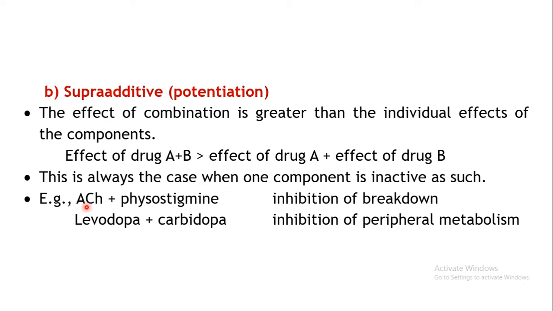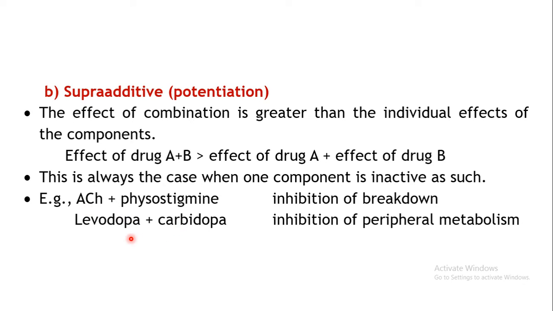The metabolism of acetylcholine is inhibited. The enzyme required for metabolism of ACh, cholinesterase, is inhibited by physostigmine. As a result, hydrolysis of ACh will not take place. So ACh concentration will remain high in the cleft and it will show the action. Enhanced action will be produced.